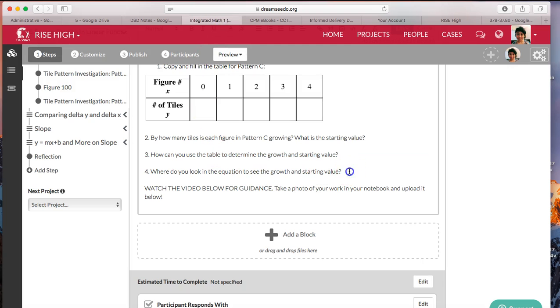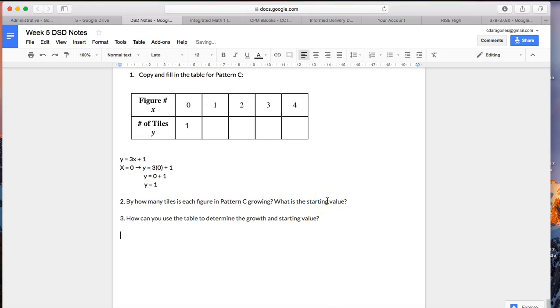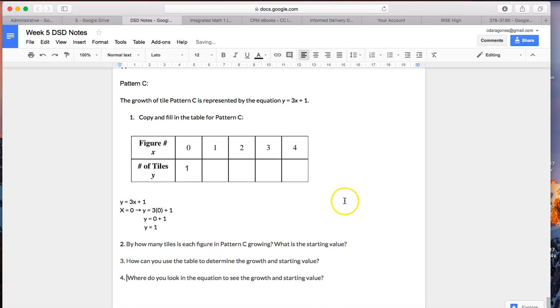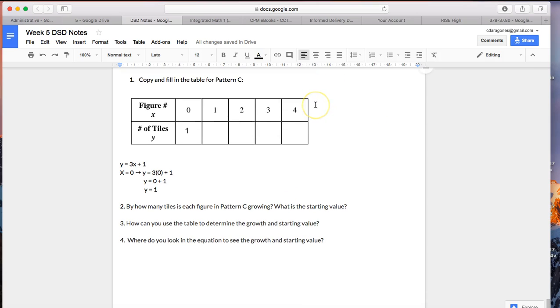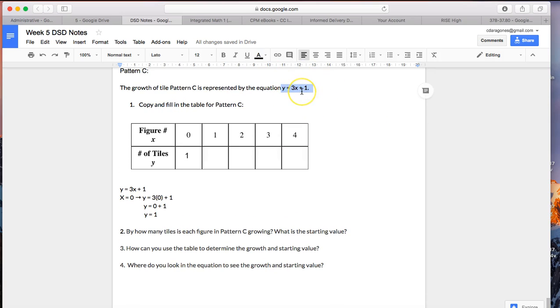Okay, last question for this step is, where do you look in the equation to see the growth and the starting value? So there's an equation given to you, y equals 3x plus 1, and I want you to see if there's a way for you to figure out what the growth is and what the starting value is based on this equation.